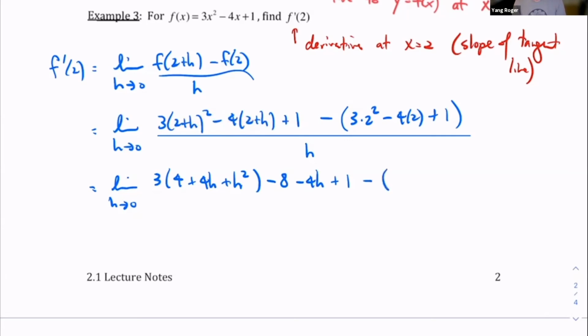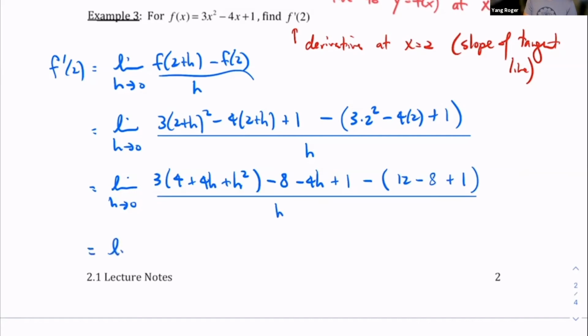So this will be 2 squared is 4, 4 times 3 is 12. So this will be 12 minus 8 plus 1, like this, and this is all divided by h. Okay. All right, so let's distribute, and then hopefully a lot of this will cancel out. So we've got the limit as h goes to 0.